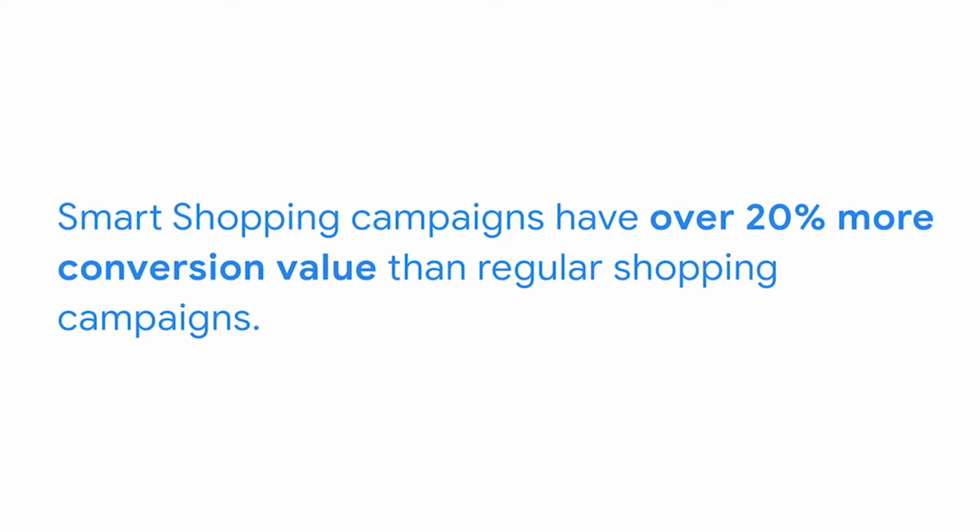After just a few steps, Google will optimize to show your inventory to the right customers at the right time across different networks, including the Google Search Network, Google Display Network, YouTube, and Gmail. To accomplish this, smart shopping campaigns optimize real-time signals like user queries, time of day, and devices to show your products to customers who are more likely to buy your products. A study found that smart shopping campaigns have over 20% more conversion value than regular shopping campaigns.